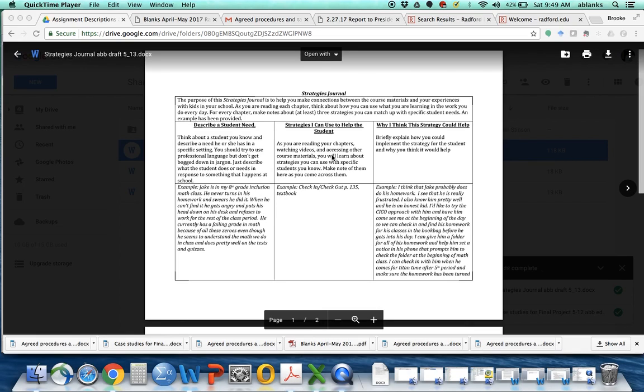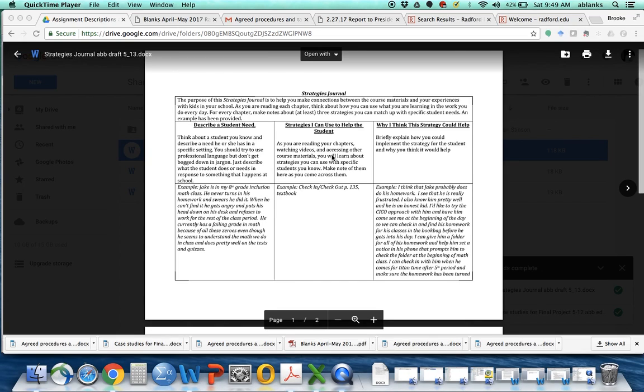So we're giving you this strategies journal assignment to create an opportunity for you to make yourself pause for a moment and think about how to apply everything that you're learning to solve problems for kids that you care about.